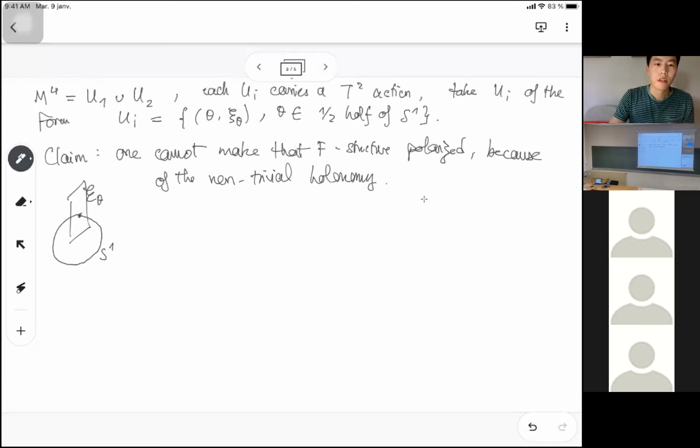But in order to collapse the metric, remember, our goal is simply to find a way to collapse continuously the metric. Maybe we do not need something as strong as a free S1 action. So indeed, that's the case. What you can do, and this is the idea, is that you choose smoothly a choice of free R action in each E theta.